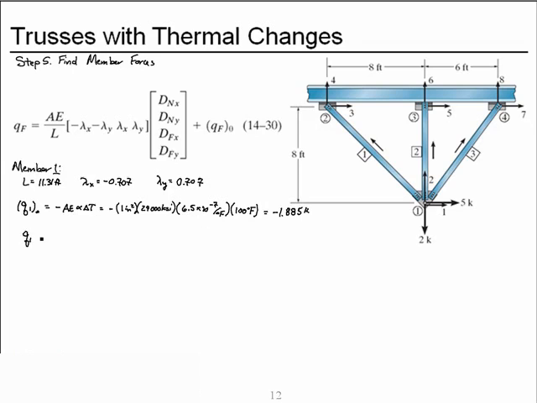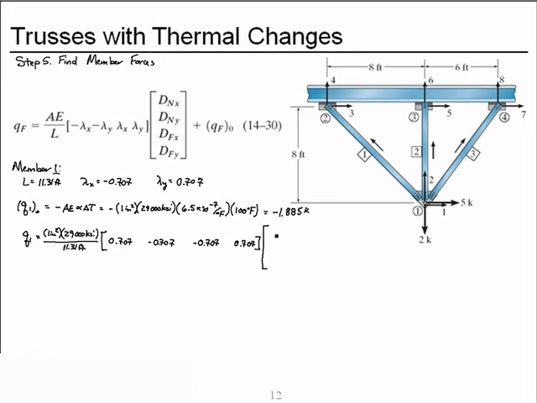So the force in member 1 is A E over length times minus lambda x, which makes it a positive 0.707, minus lambda y, lambda x, which is a minus 0.707, and a lambda y, positive 0.707, times the displacements, and we need displacements for degrees of freedom 1, 2, 3, 4.